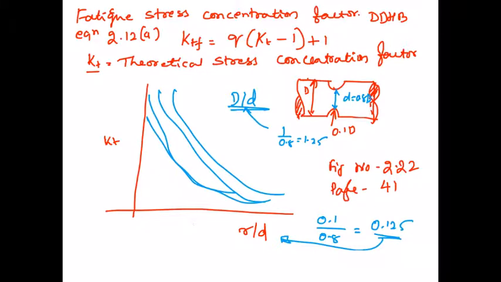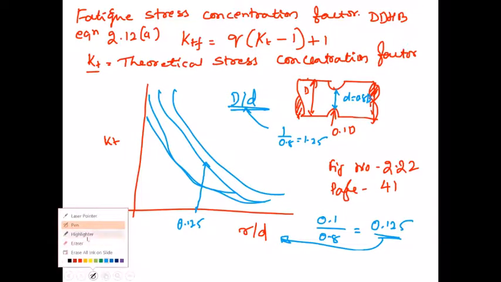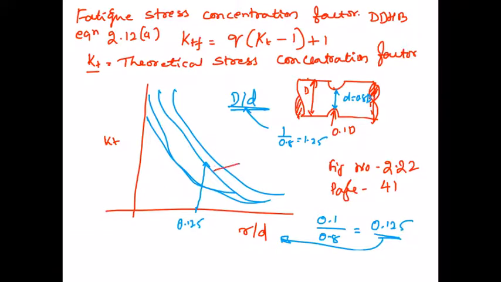Now, you just identify 0.125 mark, move your scale upward, then you check out the intersection curve. Suppose this curve is 0.125. I think you won't get a 0.125, so you will get some 0.12 curve, slightly go above.